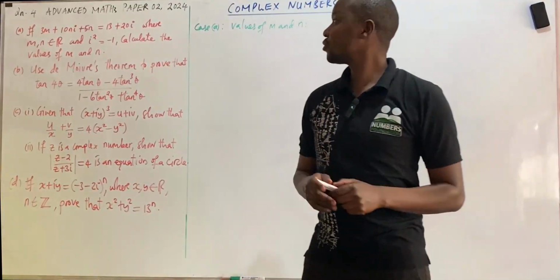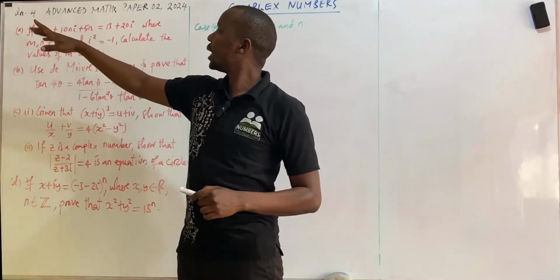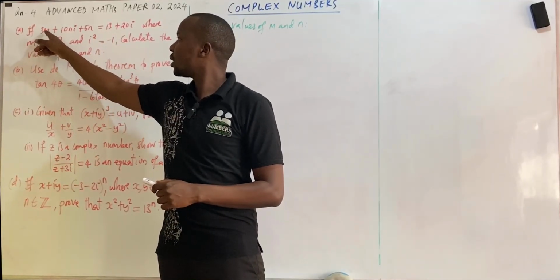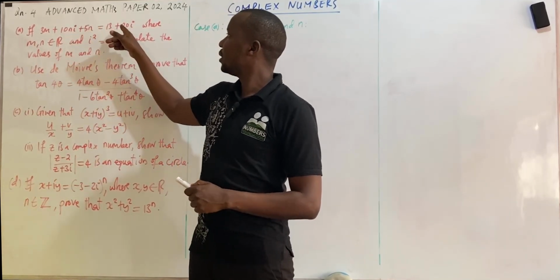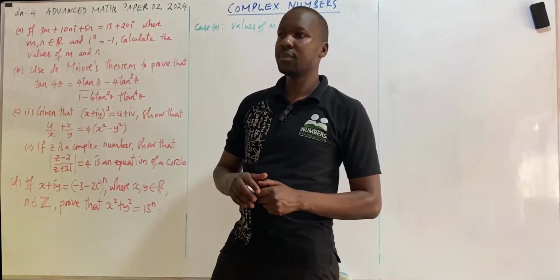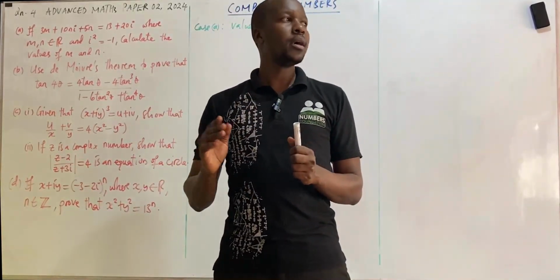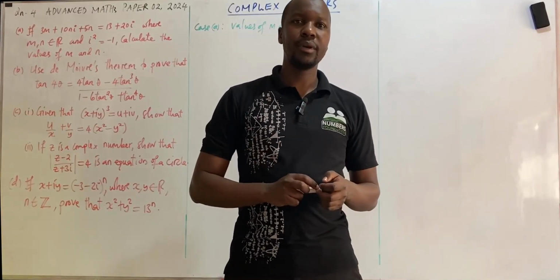When we compare two complex numbers, the real parts will be the same, for example 13 will be equal to 3m + 5n, and 10ni will be equal to 20i. So we compare only the real parts and only the imaginary parts.